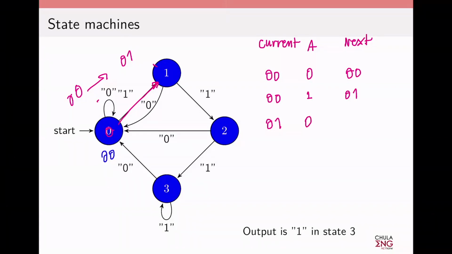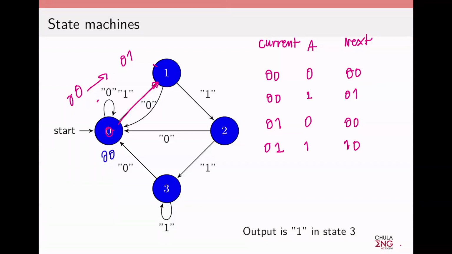If the current state is 0, 1 and the input A is 0, so whenever the input is 0, it goes back to state 0. And if A is 1, we advance to the next step, right? From 0, 1 to 1, 0, so from state 1 to state 2.